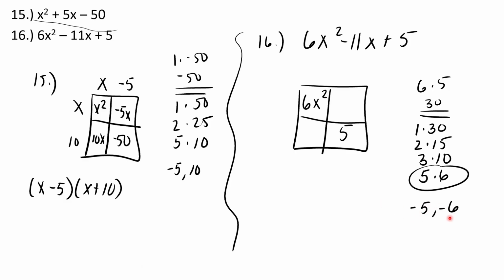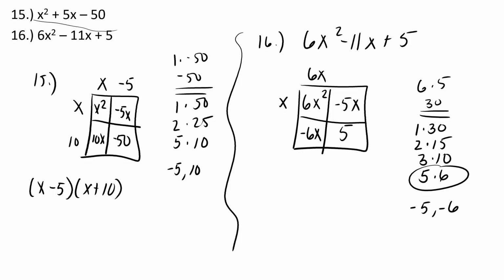Negative 5 times negative 6 is positive 30. Negative 5 plus negative 6 is negative 11. So I feel pretty good about this. Negative 5x and negative 6x. Now, right here, 6 and 5 don't share any factors. So the greatest common factor between x squared and x is x. And then this would be 6x.